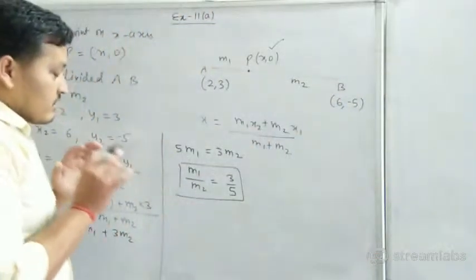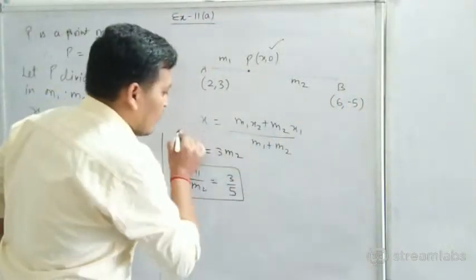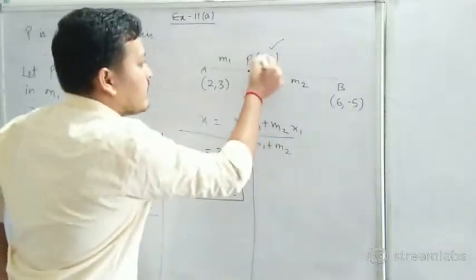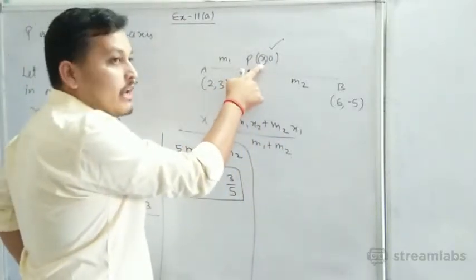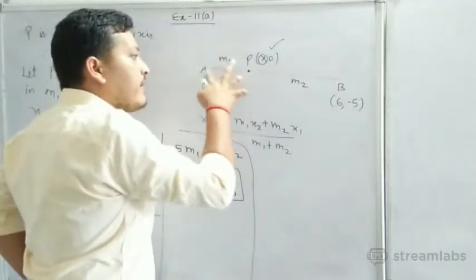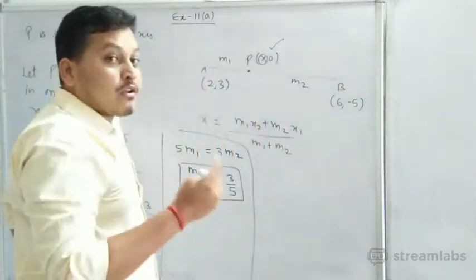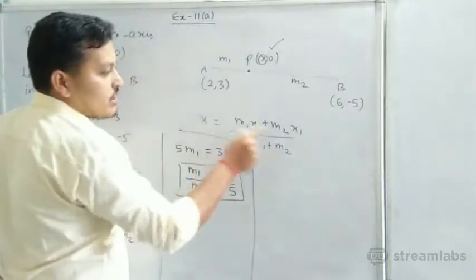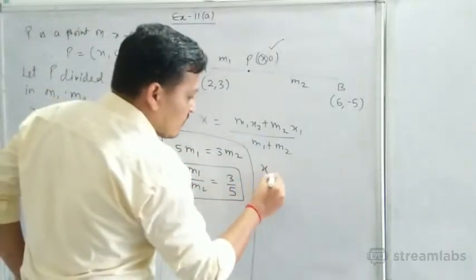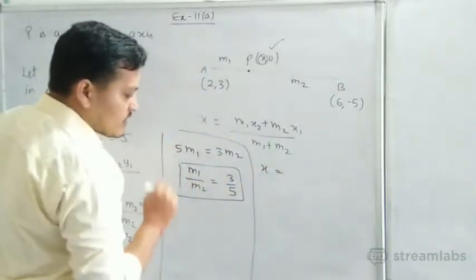Okay. Next question is find the value of x. So x is equal to, because x is the coordinate of a point P and point P divides AB in 2 parts, we can use the section formula. What is m1? 3. m2 is 5.